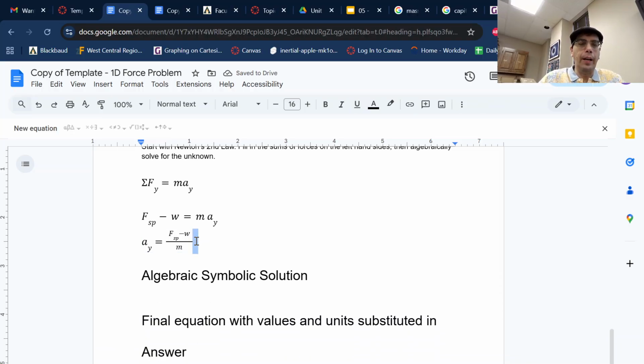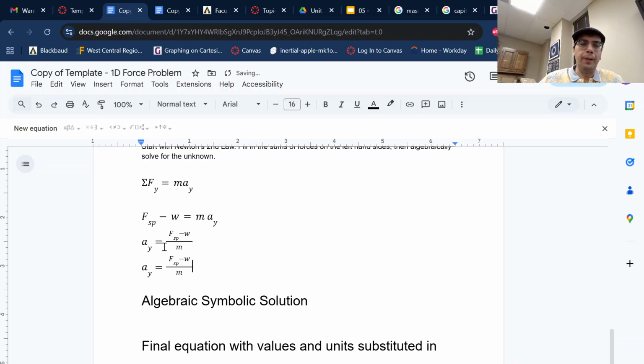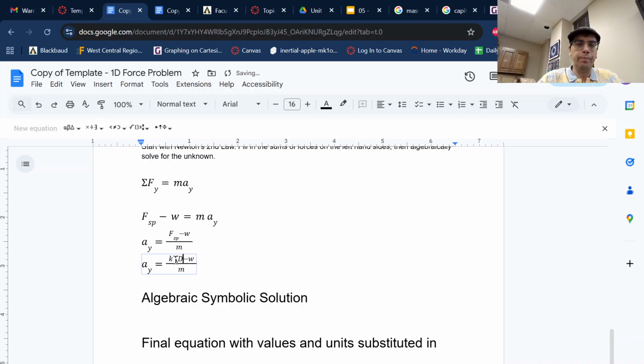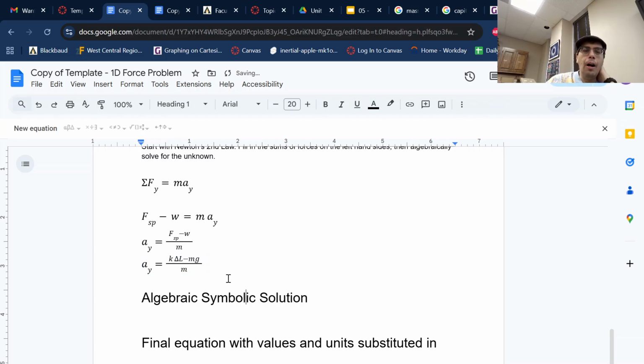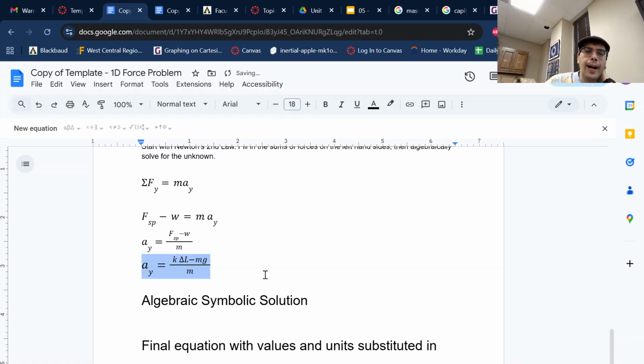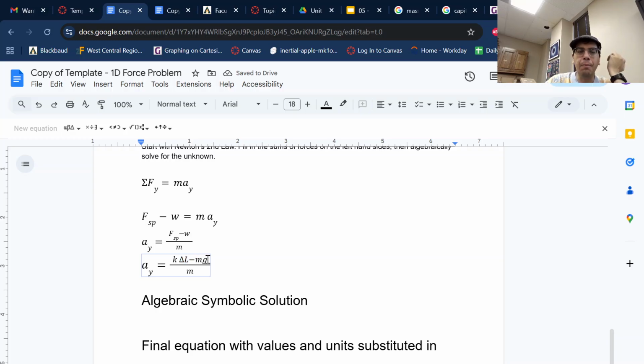Okay, so I'm typing probably more lines than are strictly necessary here. I'm just trying to show you the reasoning. But this is as far as we're going to be able to get at this point, right? Because we know delta L, that's fine. We know M, we know G, but we don't know K automatically.